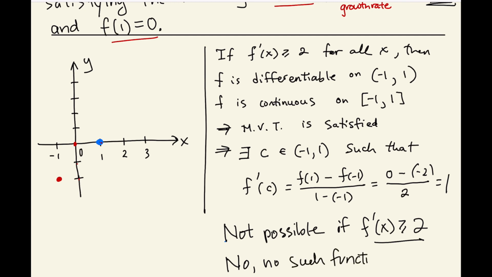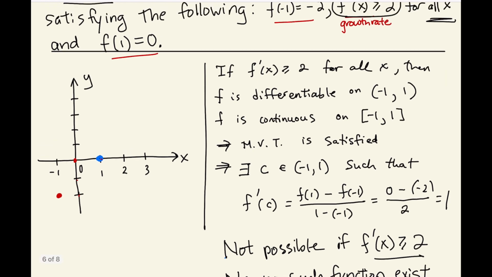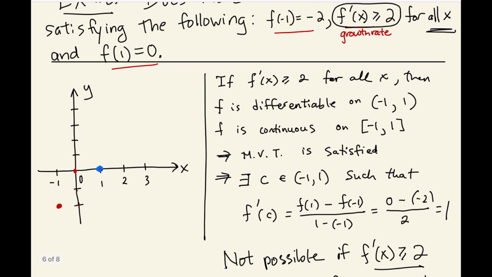And just to recap, the reason is that we just showed that if this function is truly differentiable on (-1, 1) and continuous on the closed interval [-1, 1], then there has to be some c value in here such that the derivative is equal to the slope of the secant line.